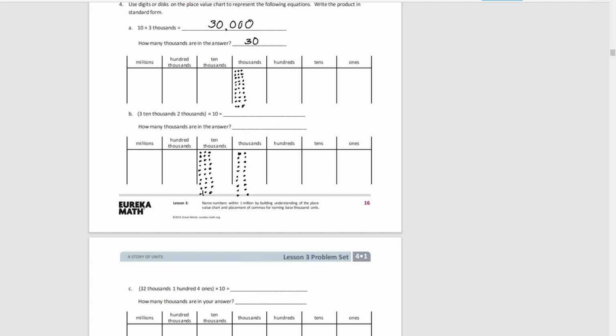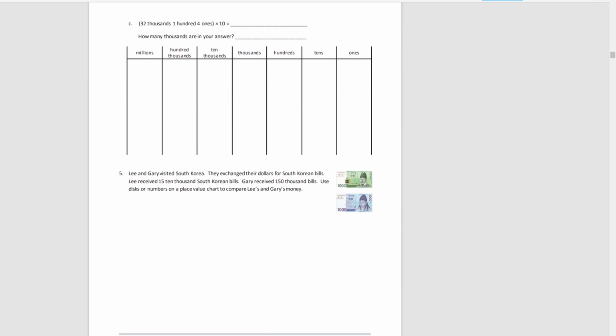And we're going to exchange these for the next higher place value. So we have 300,000 and we have 20,000. So we have 320,000s. And we would write that as 320,000. Moving on, try C.